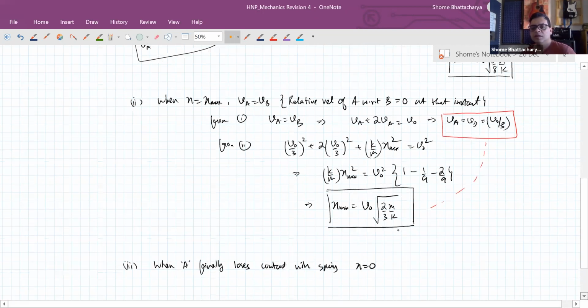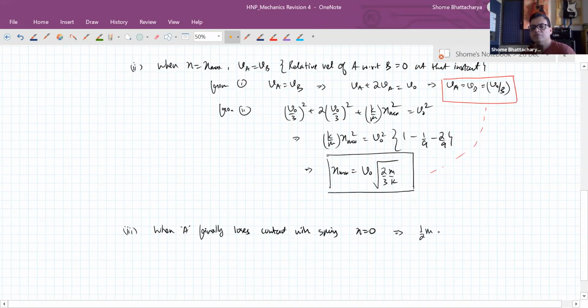So we will have half mVA square plus half 2m VB square should be equal to the initial kinetic energy, that's half m V naught square, and momentum conservation, that is mVA plus 2mVB is equal to mV naught.